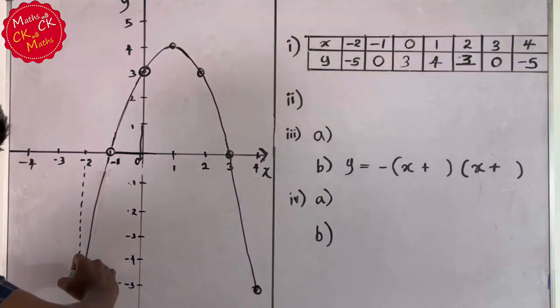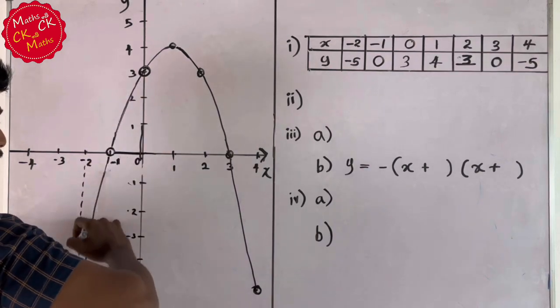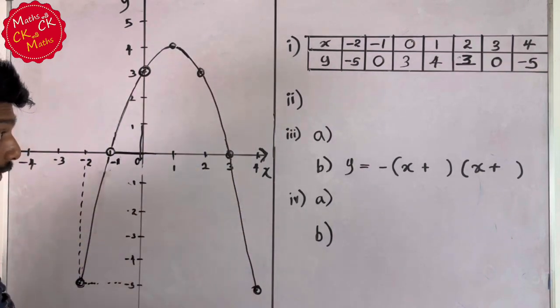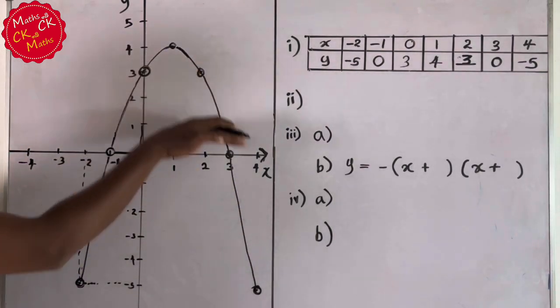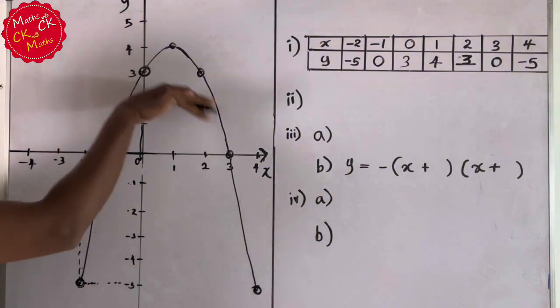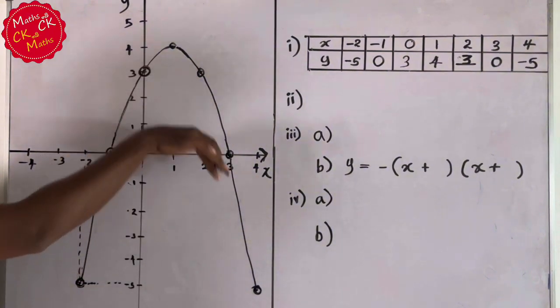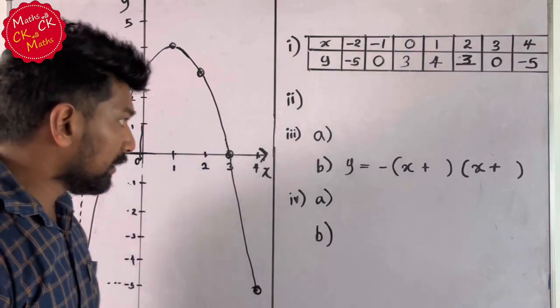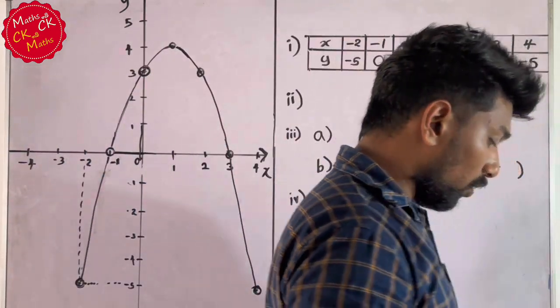After that, you can draw a smooth curve in this shape. This shape is identified as a maximum curve, a maximum parabola. And we can discuss question number 3 also.